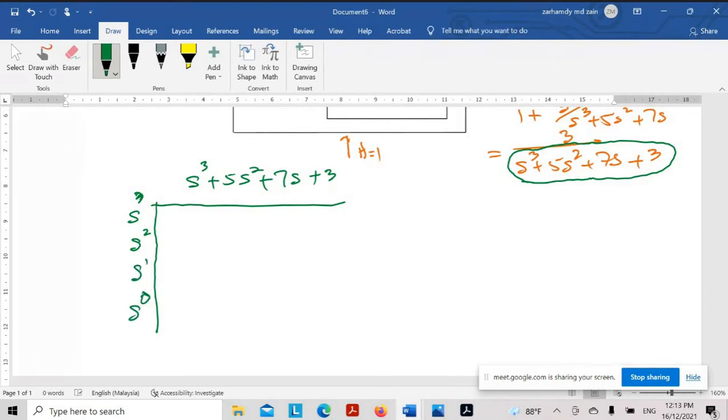We follow the concept of RH. The first row for S to the power of 3 is 1 and 7, and we don't have a third entry, so it is 0. For the second row, we have 5 and 3 and also 0.